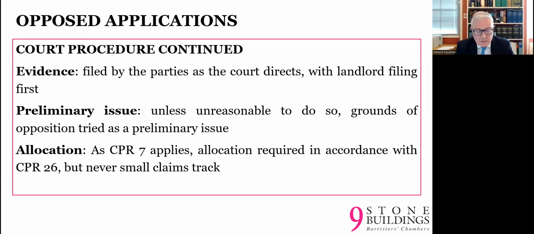If the court decides to allocate to one or the other, it has to have regard to the criteria set out in CPR 26.8, which I've listed in the notes. Most substantial 54 Act renewals will be determined under the multi-track.